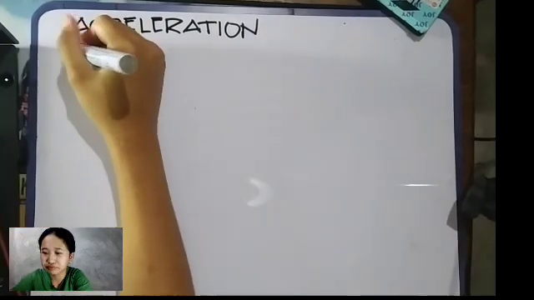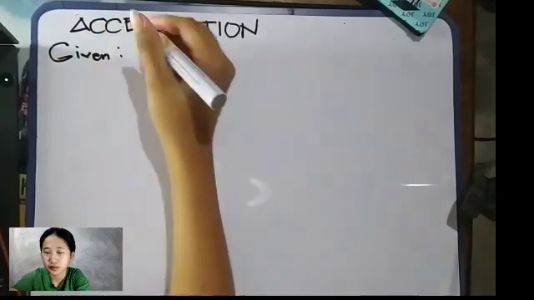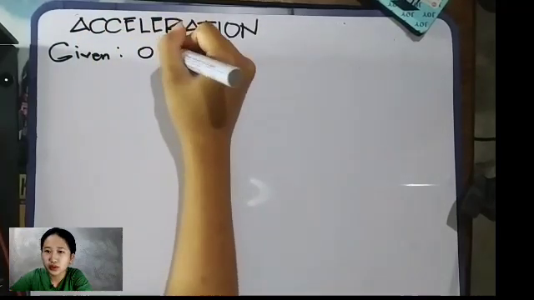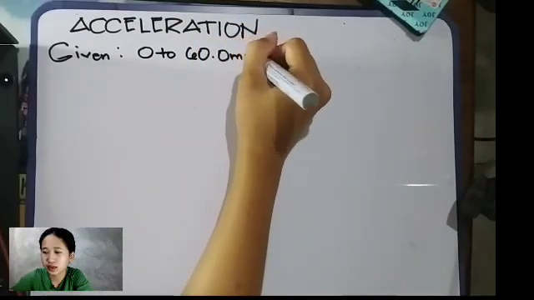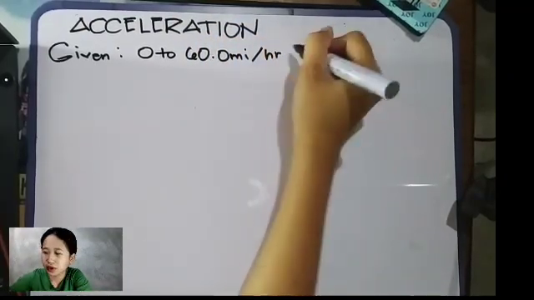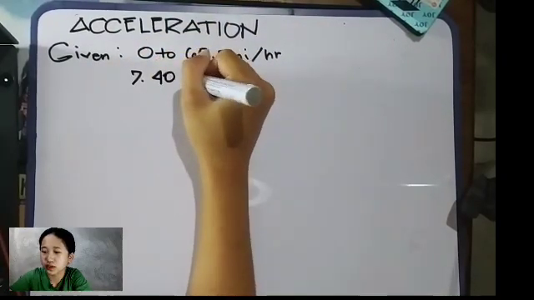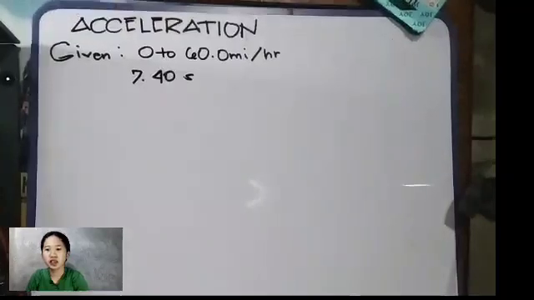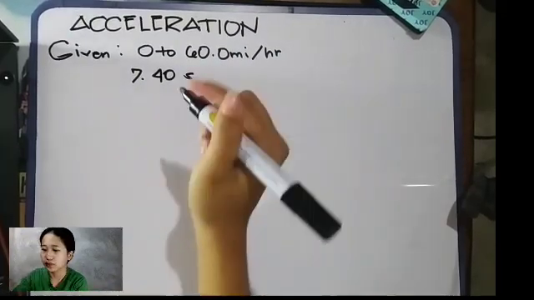So, meron tayong given na 0 to 60.0 miles per hour and 7.40 seconds. Tapos, ang hinahanap naman is meters per second, pero ang meron tayo is miles per hour. So, kailangan muna natin i-convert yung miles per hour into meter per second.